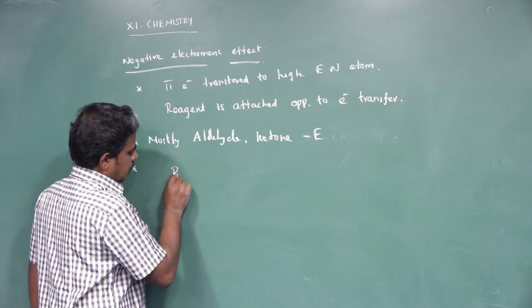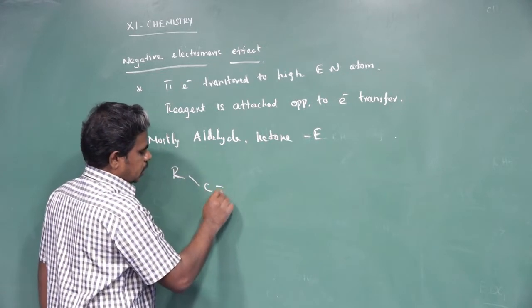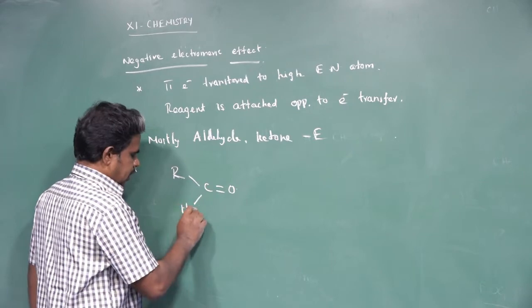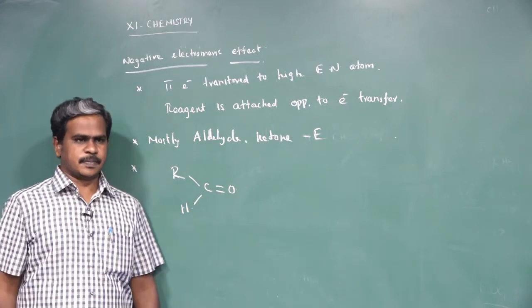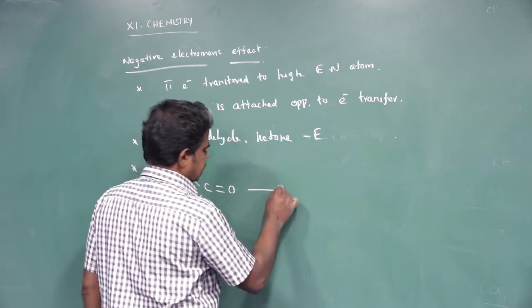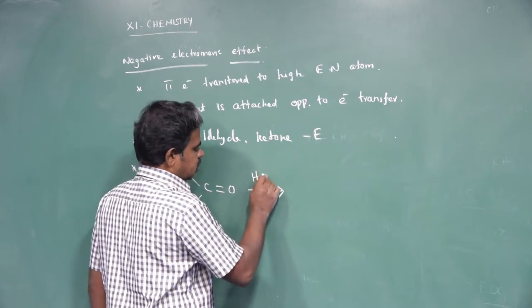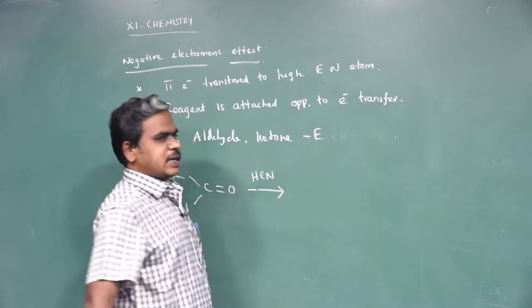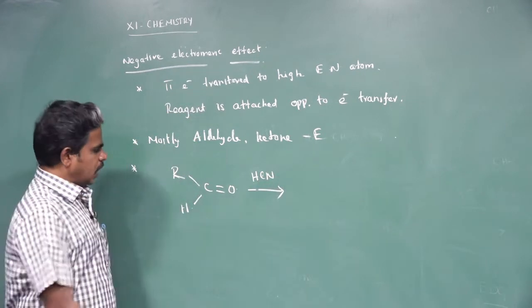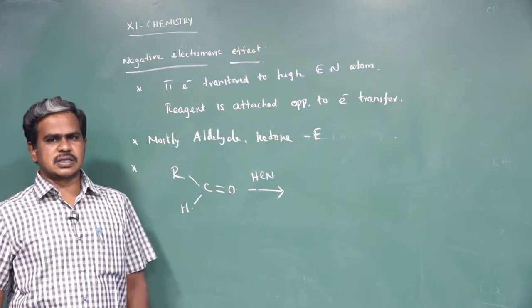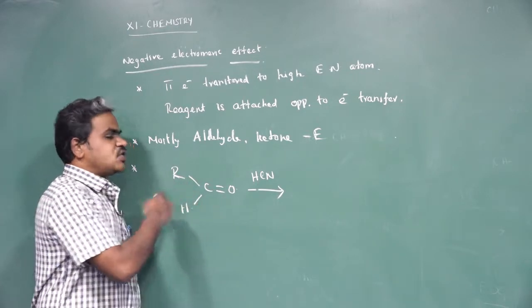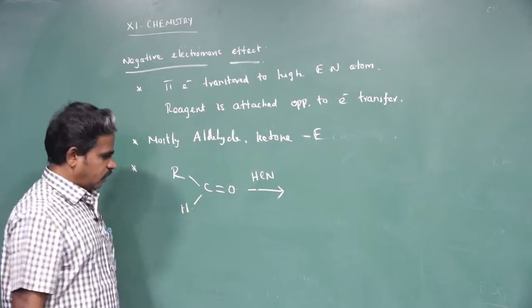Here it is R, bond, C double bond O, and H. That is aldehyde. When aldehyde is reacted with hydrogen cyanide, then it is an addition reaction of aldehyde.